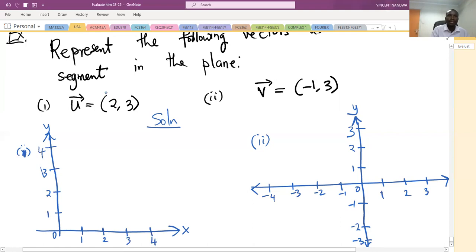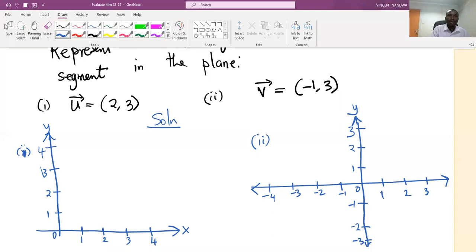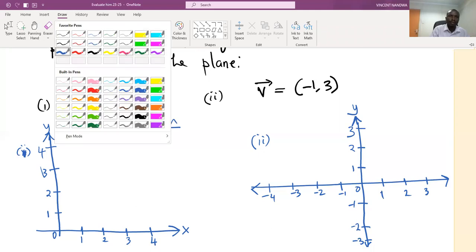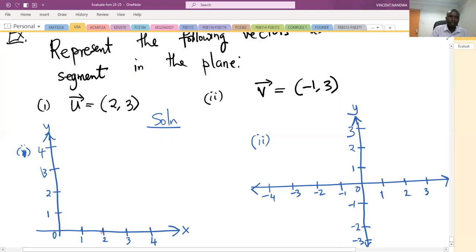So for this one, I plot the point 2, 3. That means 2 units along the x and 3 units along the y. So we'll have 2 units along the x, and then 3 units along the y, so that will be this point here. This is 2, 3, and this is our origin.